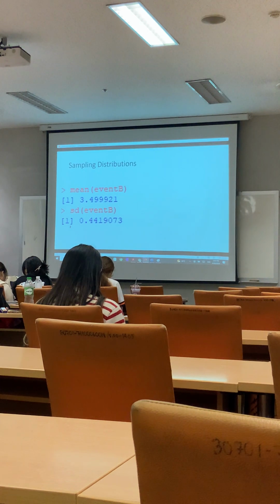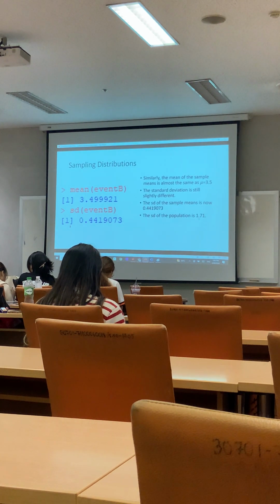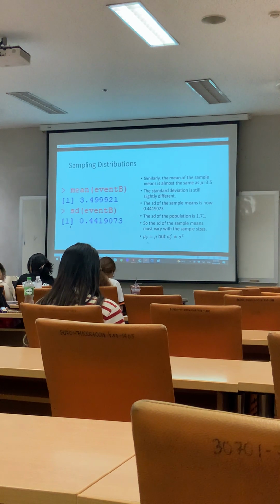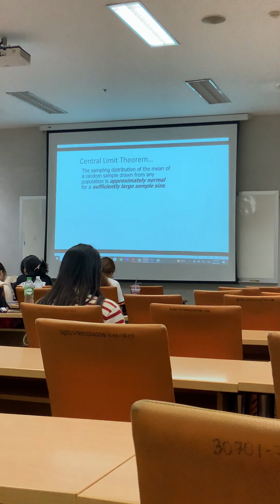The standard deviation is actually decreasing. Okay. Because the SD should be 1.71. Okay. So the mean of y bar is the same as the population mean, but the variance of y bar is not the same as the variance of the population in this case, or in any case actually, right?